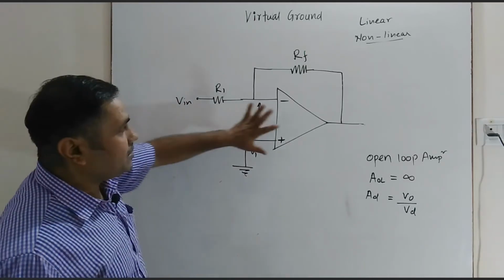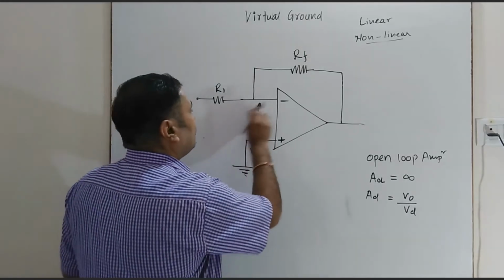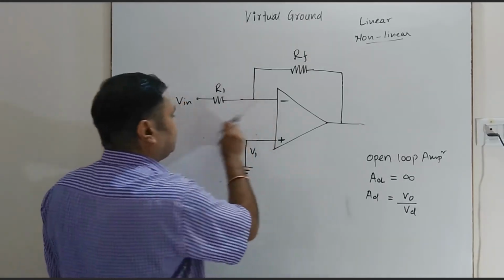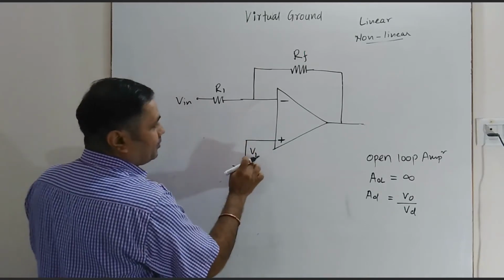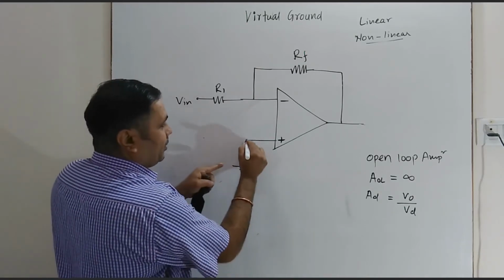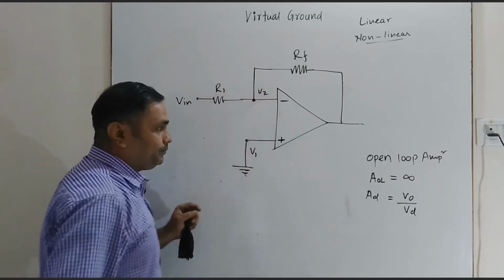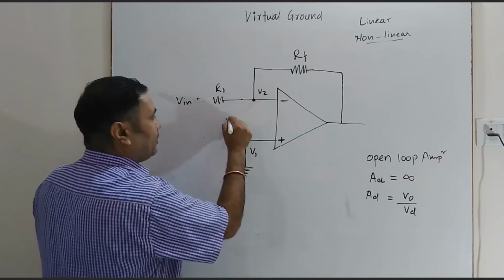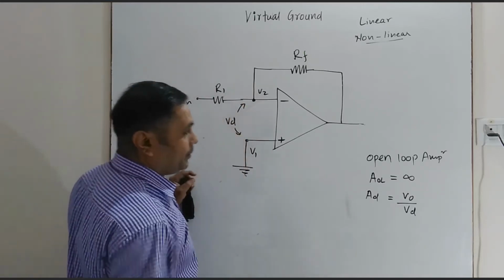In this case, this is the inverting amplifier. Now let us move to the virtual ground concept. Suppose the voltage at this point is V1 and the voltage at this point is V2. The difference between these two terminal voltages is considered as the differential voltage VD.